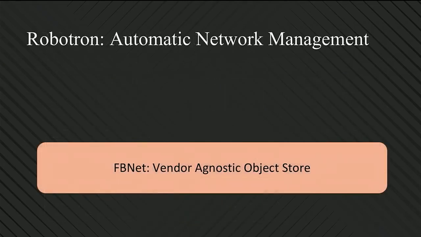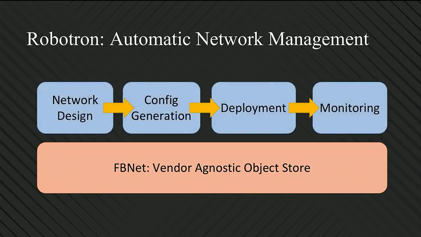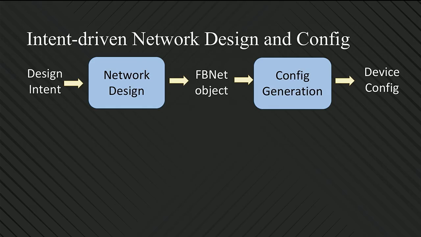So with AppNet modeling our network as a foundation, we build 4 management stages: network design, config generation, deployment, and monitoring. Let's first take a look at our first 2 stages. Network design and config generation are intent-driven.